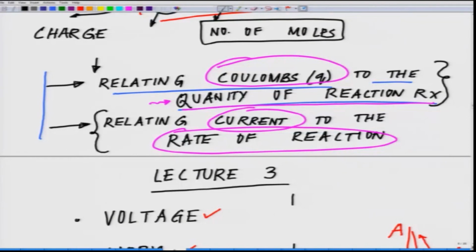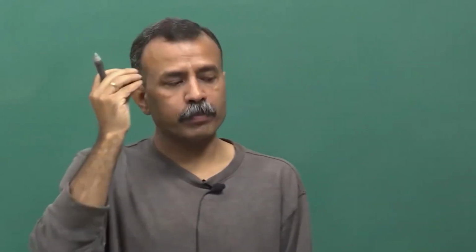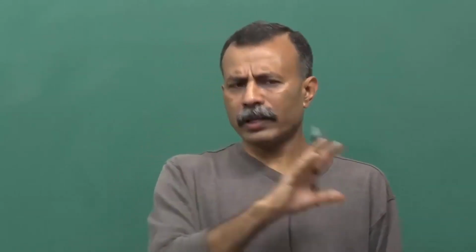So, these two fundamental things are of extreme value, and a complete understanding of this basic concept is what I expect you people to have once and for all. And these are just the basic concepts. If you know these concepts, you can derive anything.